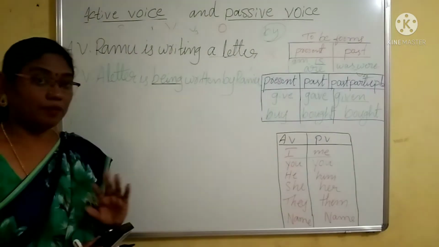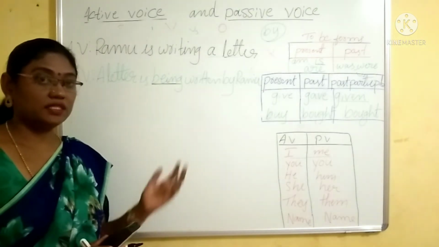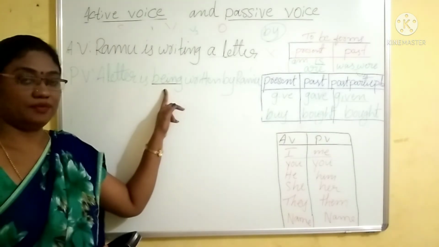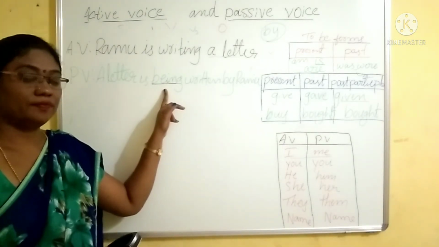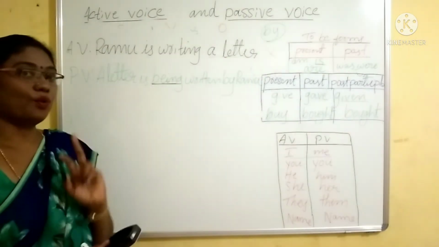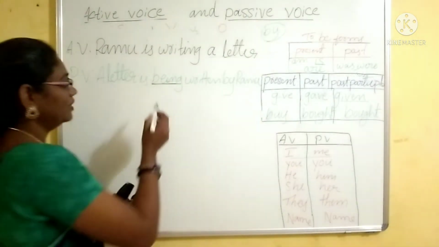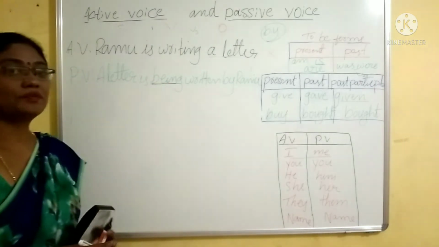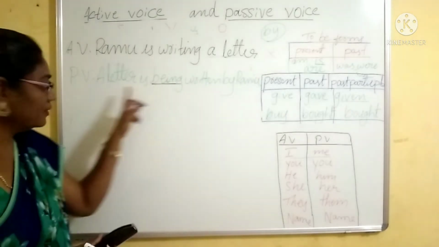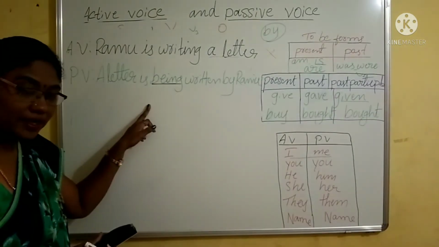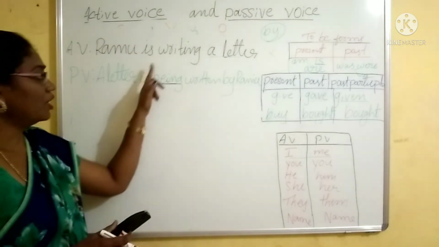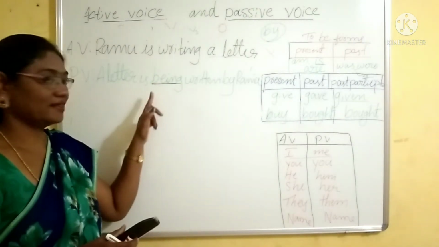If you compare with the previous one, in present simple tense we did not use the term being. But in present continuous tense, we have to add being. A letter is, as usual, the helping verb written as it is. Then you have to add being. This is extra.